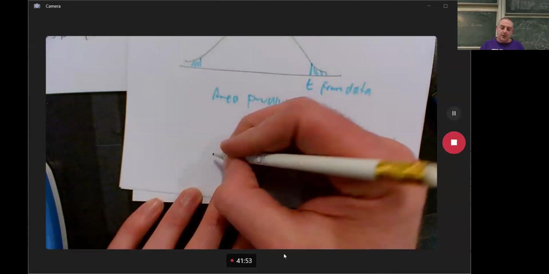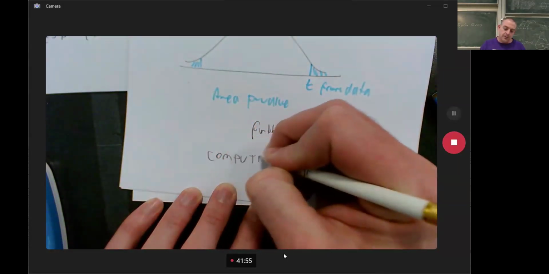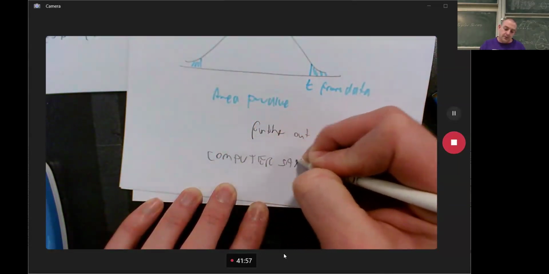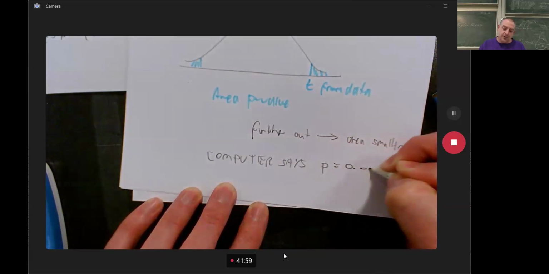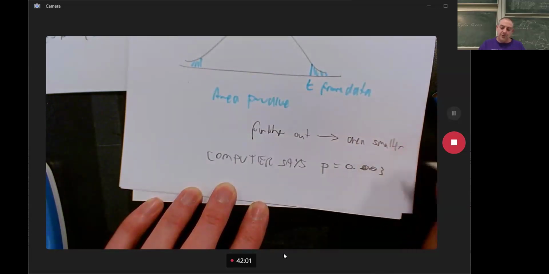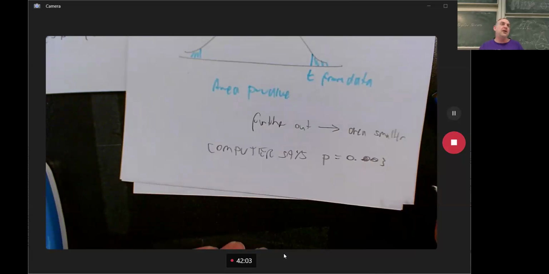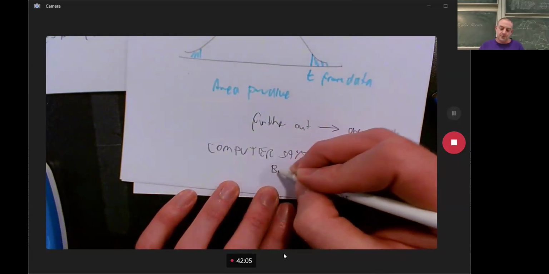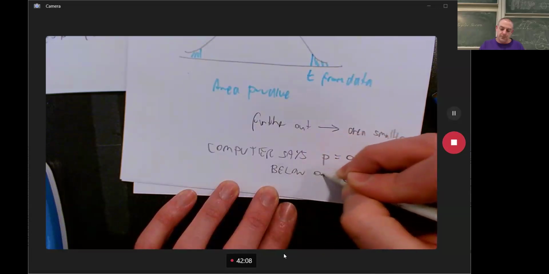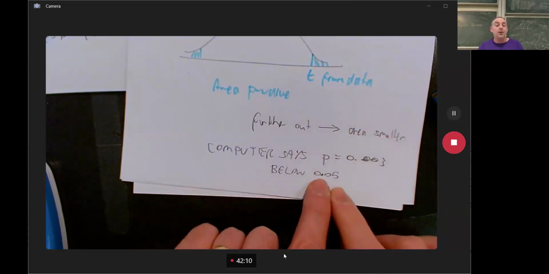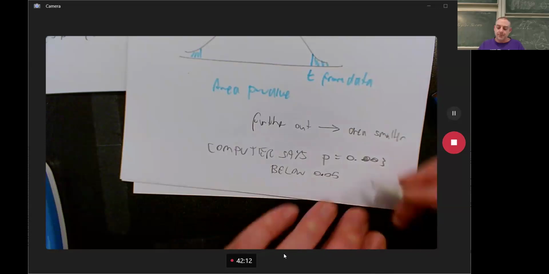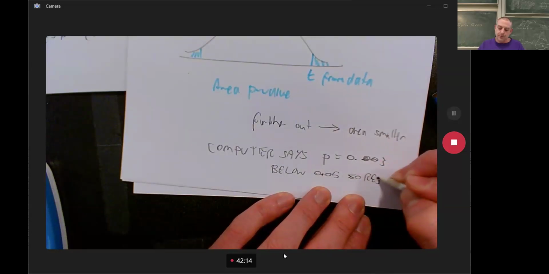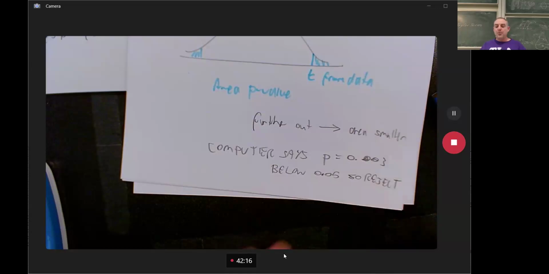So if your computer says the p-value is 0.003, then you'll say that's below 0.05, and so you reject. Or whatever the level is they want it to be below. So the point of a p-value is that you don't have to look up the critical value. You just know that the critical value for a p-value is 0.05.